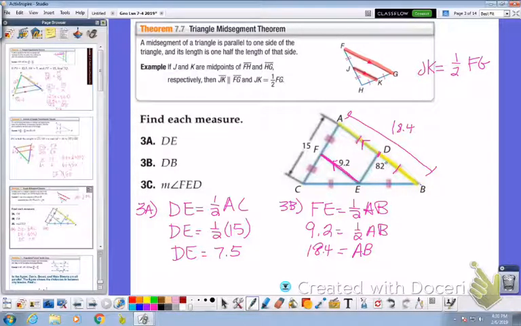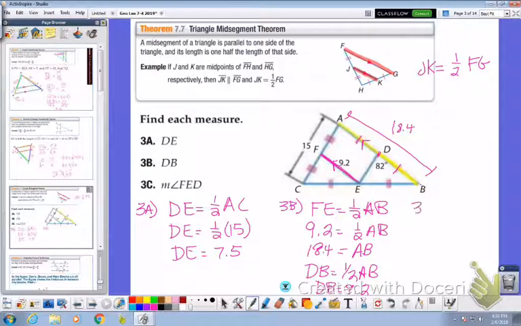So DB is equal to half of AB, so therefore DB is also 9.2. That's one way to do it algebraically. We'll discuss on Friday another way.